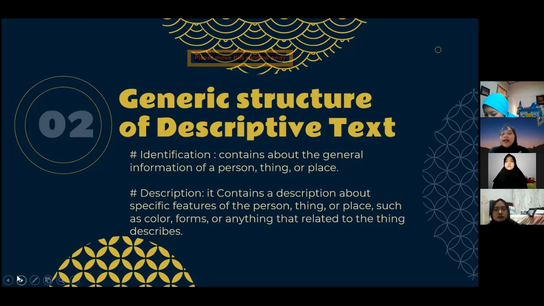In the first example of the text, if you still remember, what are the general information or the identification that you find?